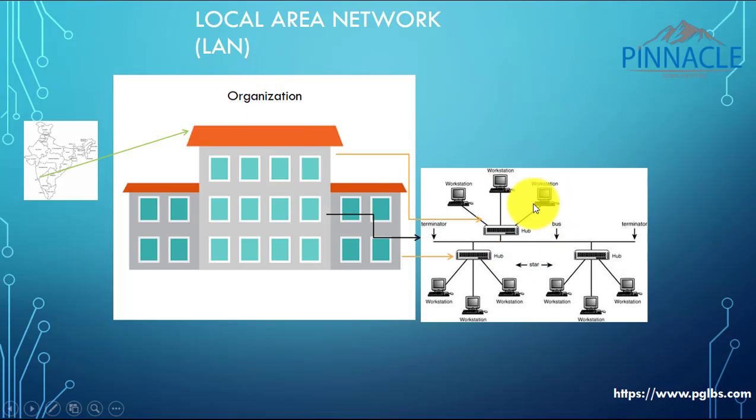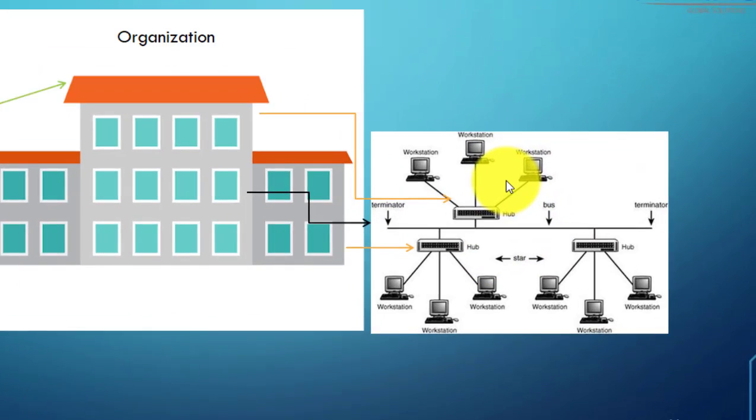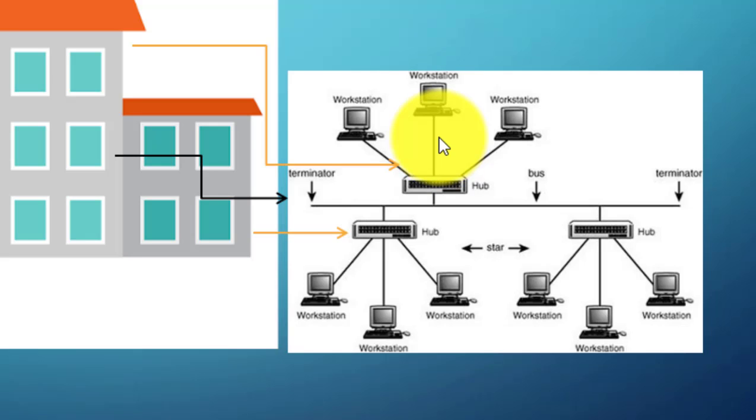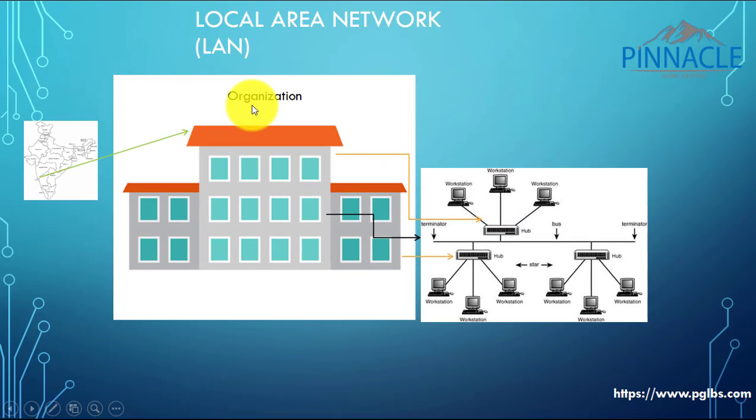I can use different types of topologies here. Here I am using the star bus topology, but I can use bus topology, and I can also use different kinds of topology for connection between the computers within the local area network.